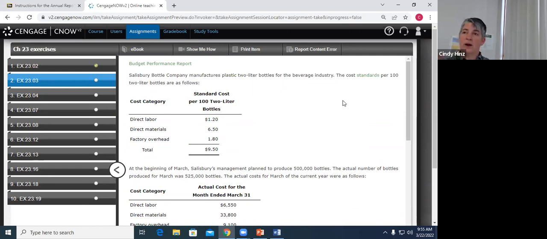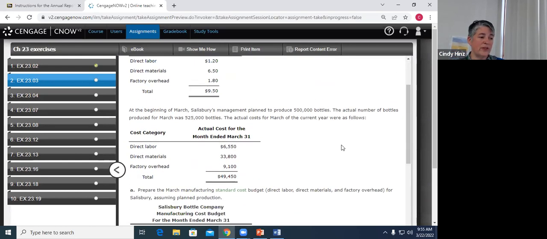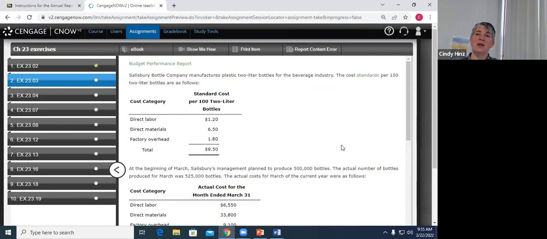So we already talked about setting cost standards. We just saw in that previous exercise that the standards had already been set and then we calculated the standard for the product. We talked at the beginning of class about where those standards come from and who provides that information.